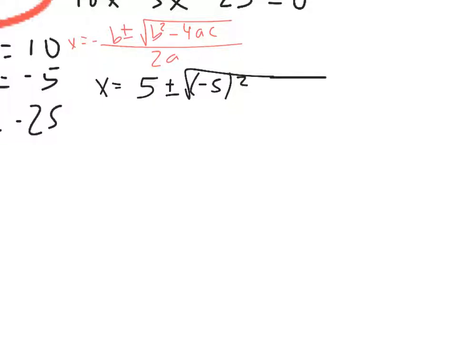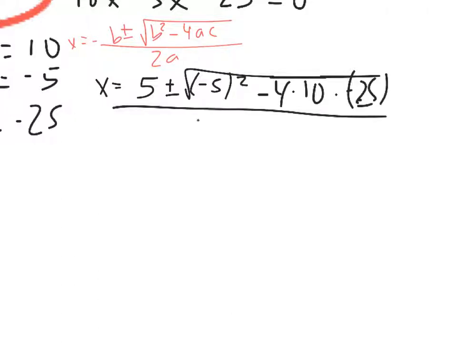Minus 4ac, so minus 4 times a times c, which is negative 25. Again, I'm going to put it in parentheses just to keep it straight. And the whole thing is over 2 times a. All right, so again, simplify as we go, and hopefully skip some steps.